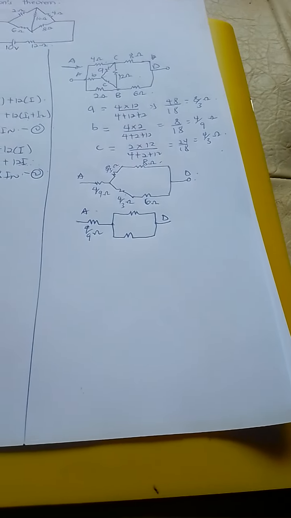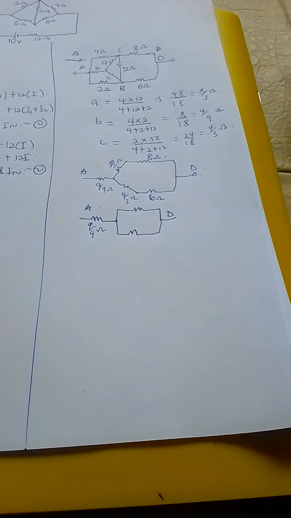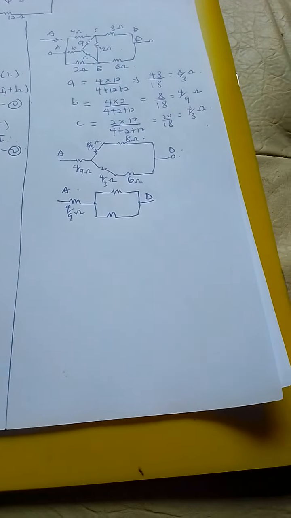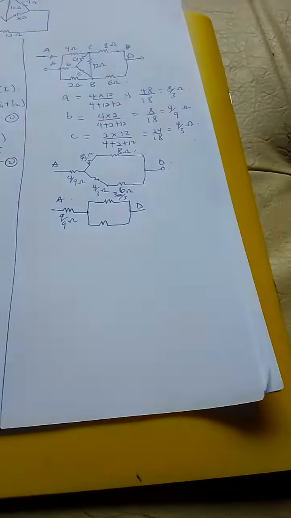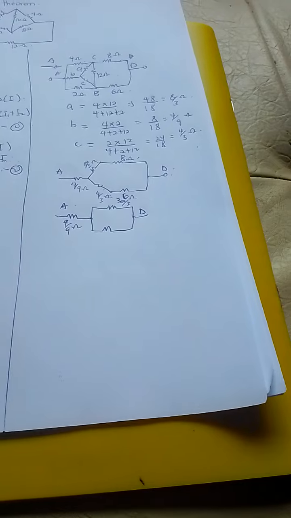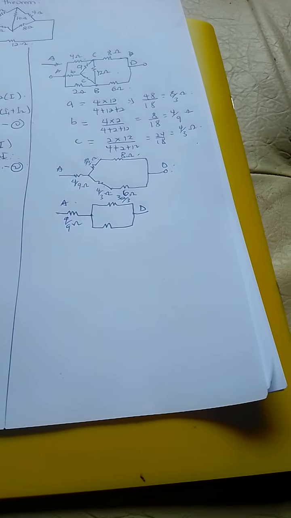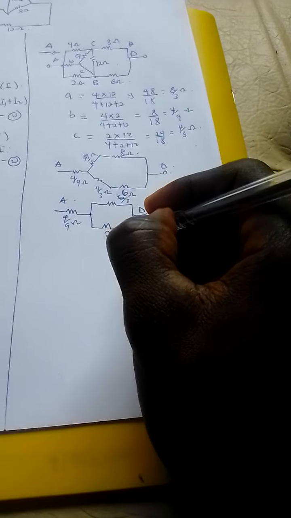This place will be the combined 8 over 3 plus 8, and that will give us 32 on 3. And the down one is going to be 4. This place will be 4 over 3 plus 6, and that will give us 22 on 3 ohms.